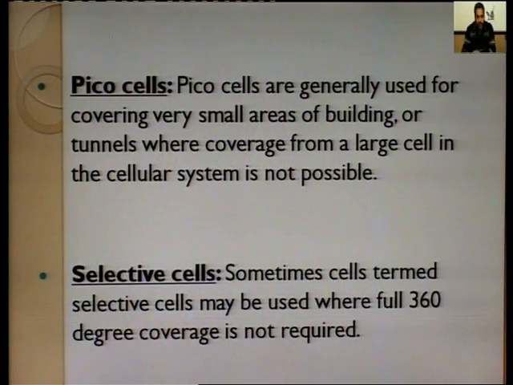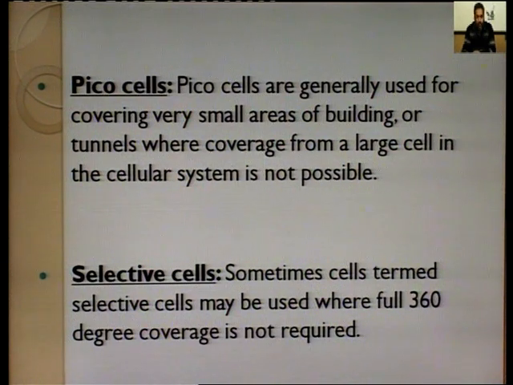Now, the next cells are selective cells. Selective cells are also special type cells, they are also used to cover specific requirements in a specific cell. Sometimes selective cells may be used where full 360-degree coverage is not required.